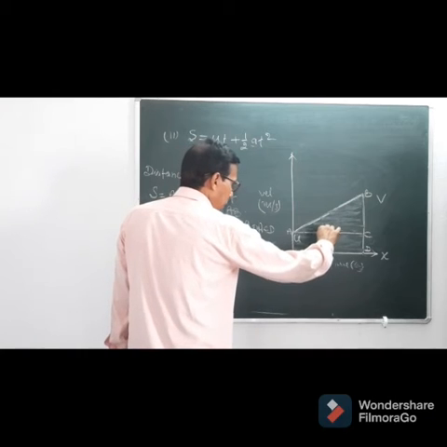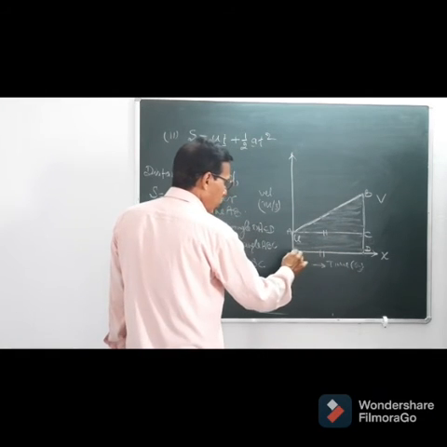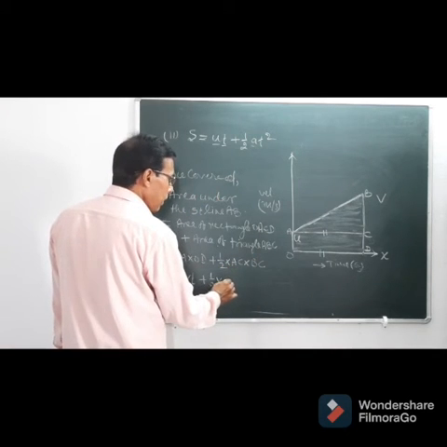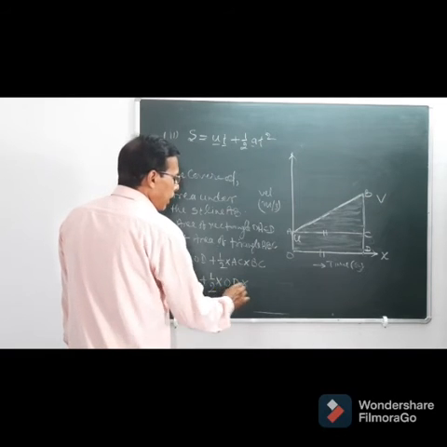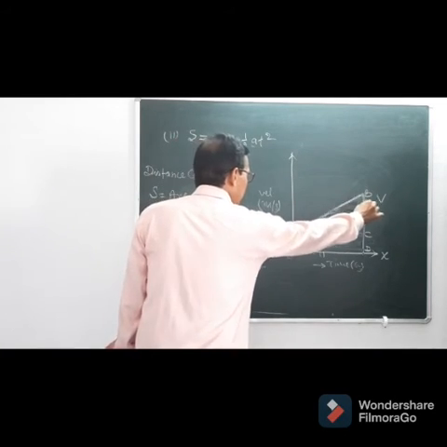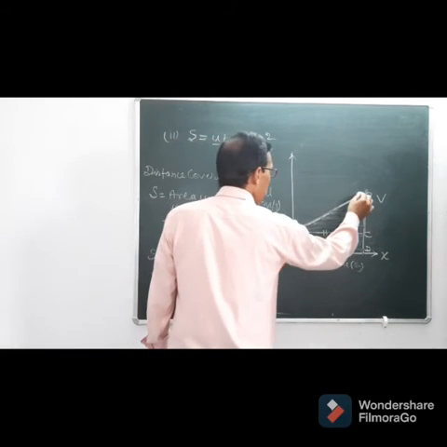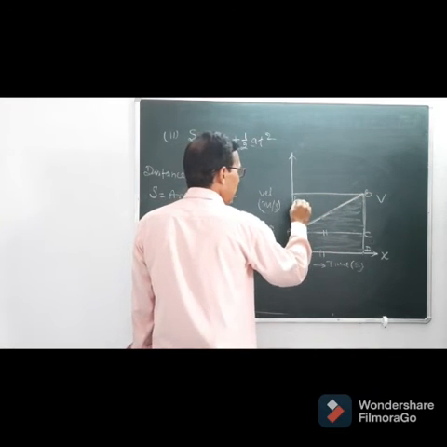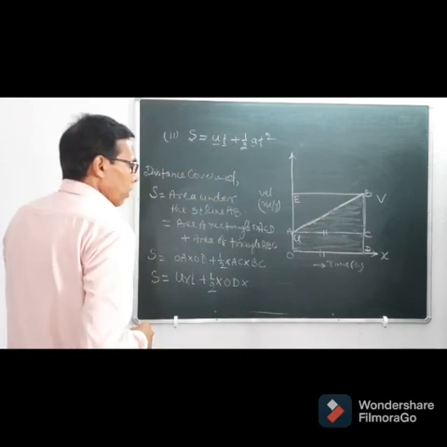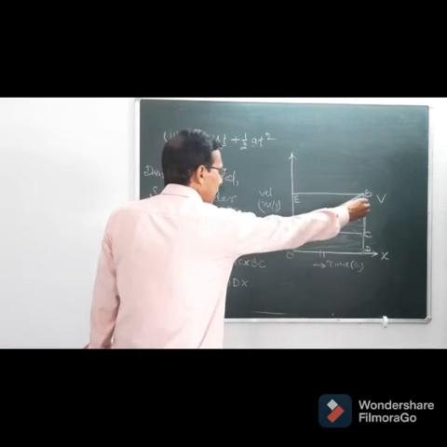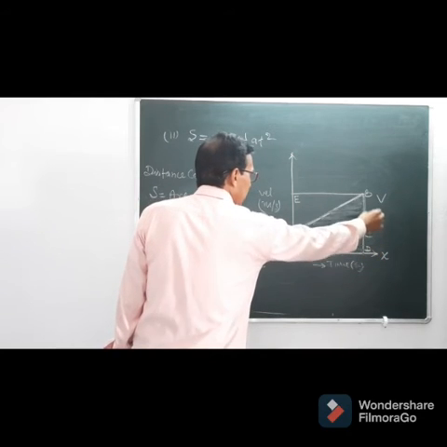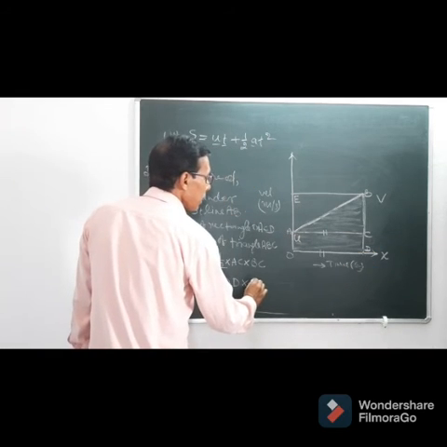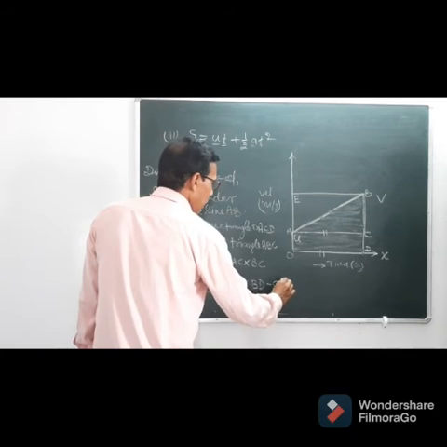AC is parallel to OD because OACD is a rectangle, so AC represents time. And BC, if you draw a perpendicular line on the y-axis, say BE, can be written as BD minus CD.